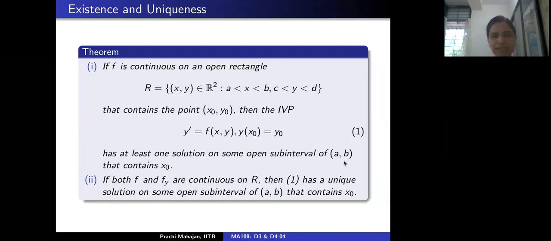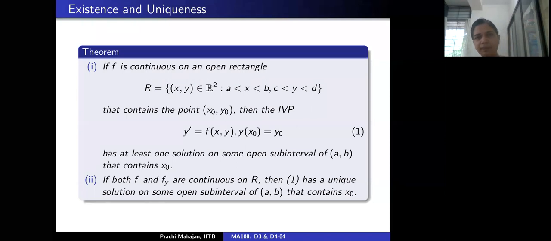So this theorem does not give us any information per se on how to detect that interval, correct? And secondly, this is the uniqueness assertion: if both the function f and the partial derivative of f with respect to the y variable are continuous on this rectangle, then the initial value problem as stated in 1 has a unique solution on some subinterval of the interval AB that contains the point x naught, correct?